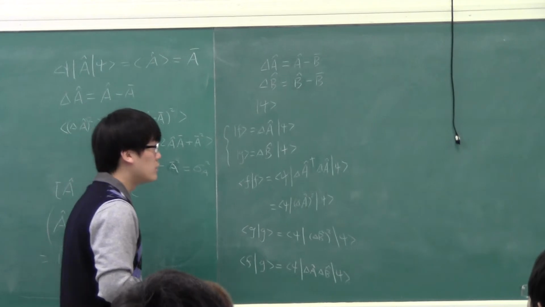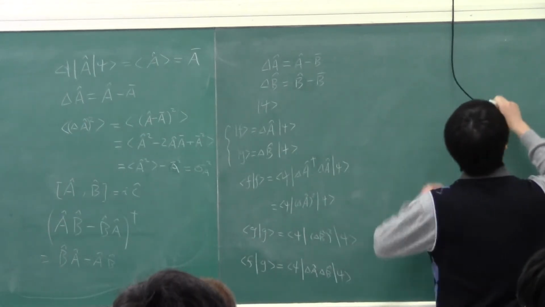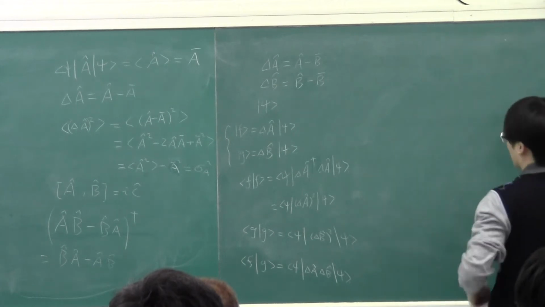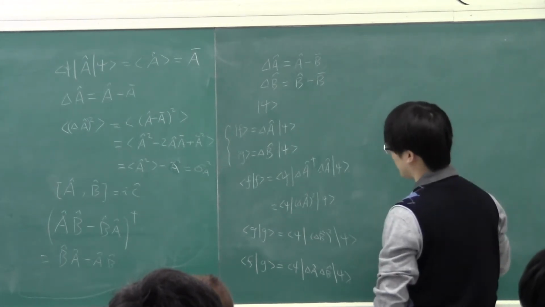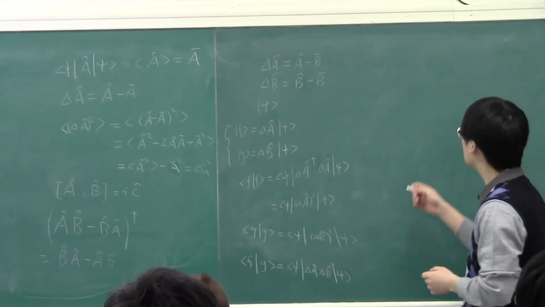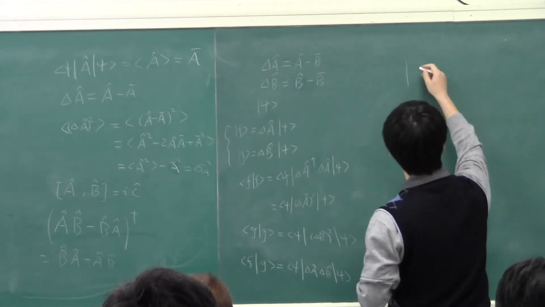So now we will make use of the Schwarz inequality. The Schwarz inequality for functions on what we're working with, which is called a Hilbert space, is defined as this.